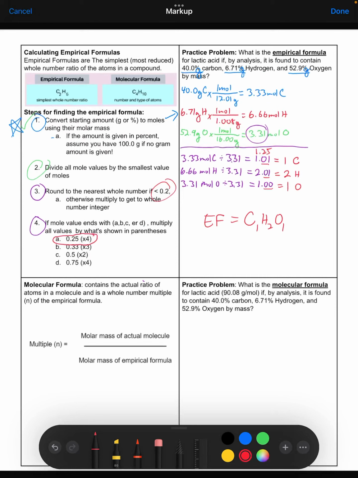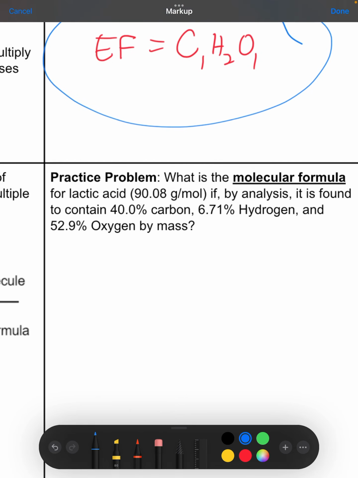I can use this information that I figured out here to calculate a molecular formula, right? So that's my next practice problem. My next problem states, what is the molecular formula for lactic acid?